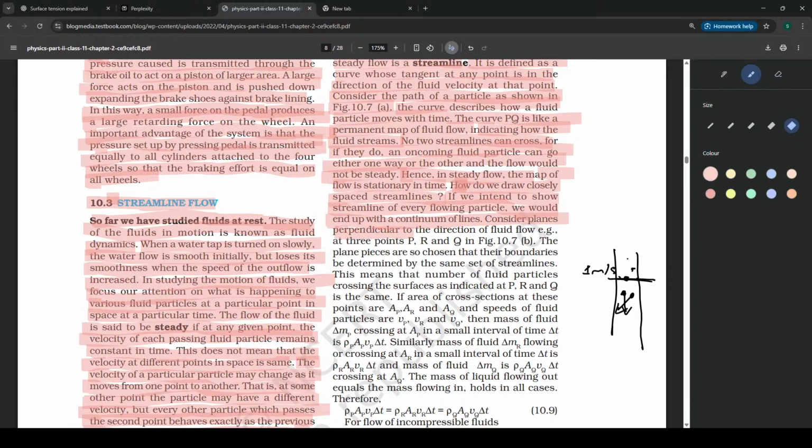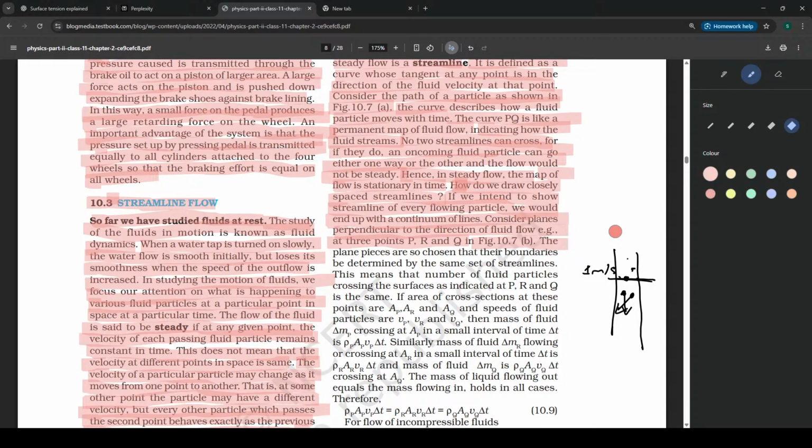Consider planes perpendicular to the direction of fluid flow. Example, at 3 points P, R, Q in figure 10.7b. Basically, if we want to show streamline of every particle, there will be many lines and it's hard to show. It's a very arduous process.